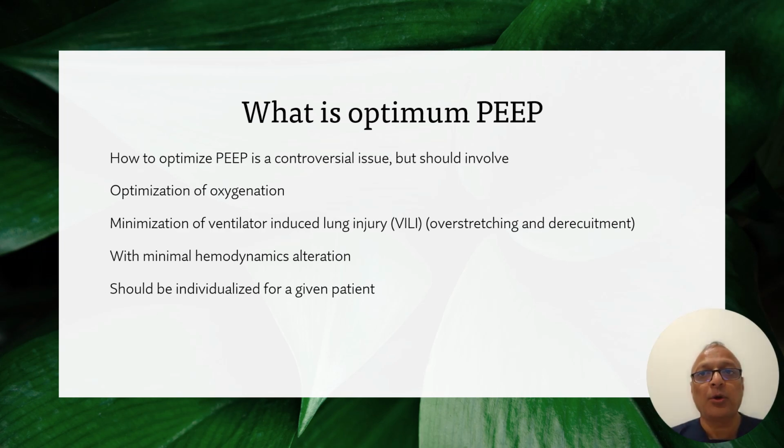It is also important to ensure that there is no further injury to alveoli due to application of extrinsic PEEP. The aim is to avoid both overstretching injury due to hyperinflation and atelectrauma by preventing de-recruitment. It should always be individualized for a given patient.